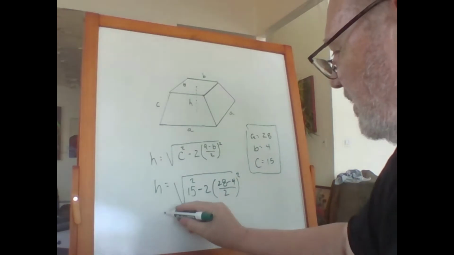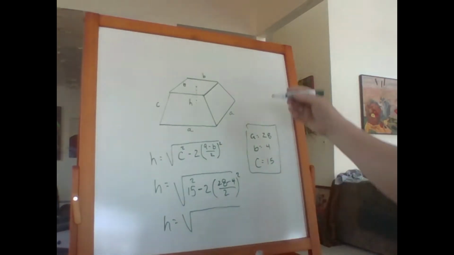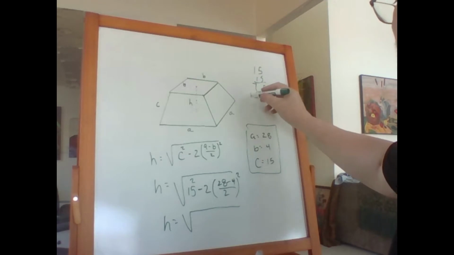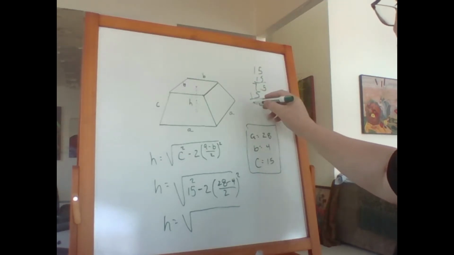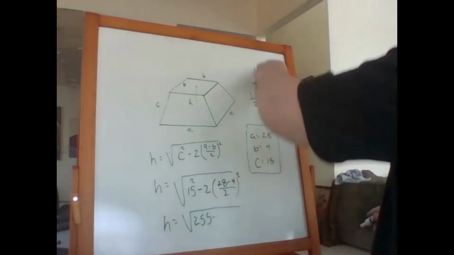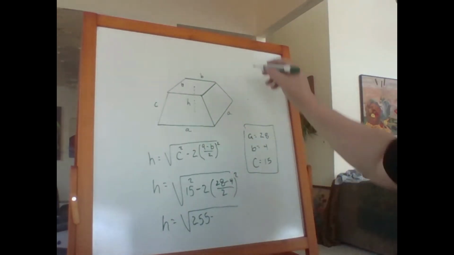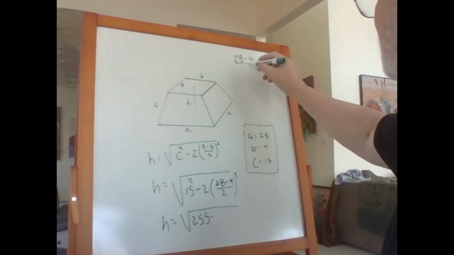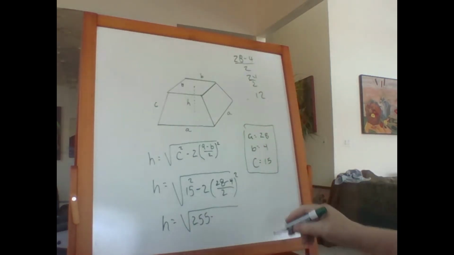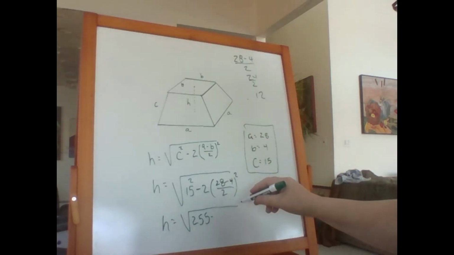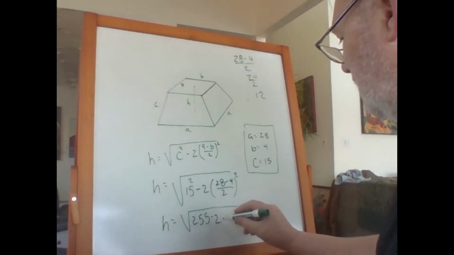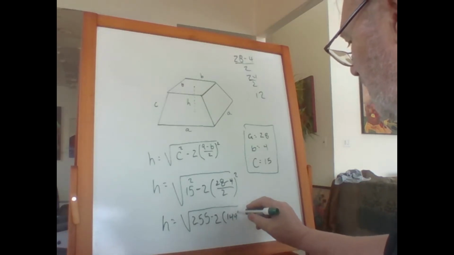And that yields, well, now let's see, 15 squared, that's 225. 225 minus, this is 28 minus 4 on 2, that's 24 on 2, that's 12. So 12 squared times 2. Okay, so that's minus 2 times 12 squared, which is 144.